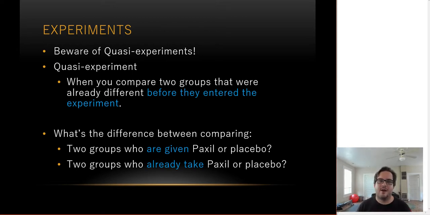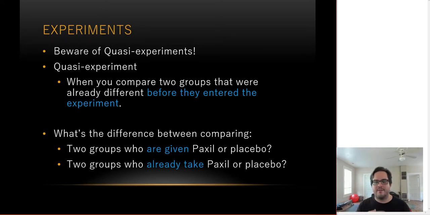Well, why can't you have someone just enter already different? Let's compare these two scenarios. So what's the difference between comparing two groups that are given Paxil or control, a placebo, versus two groups that are already taking Paxil or a placebo? What's the difference there?